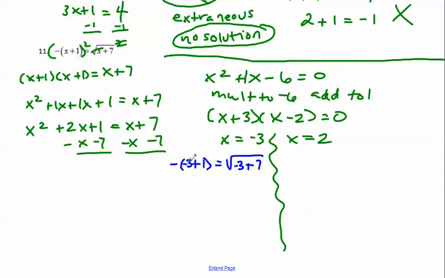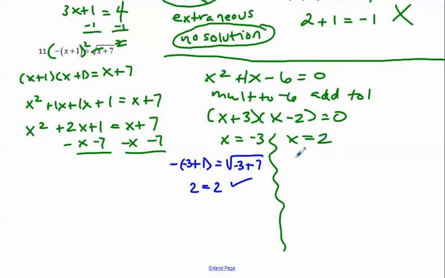Alright, so negative 3 plus 1 is negative 2, and then there's a negative outside of that, so that's positive 2. And then over here, square root of 4 is also 2. So this answer works.